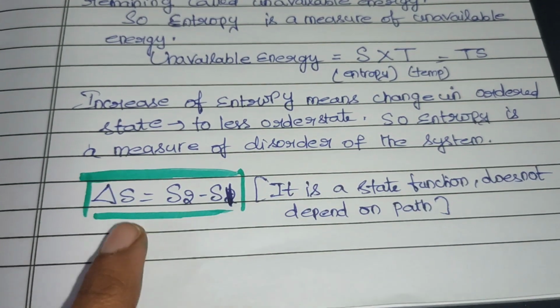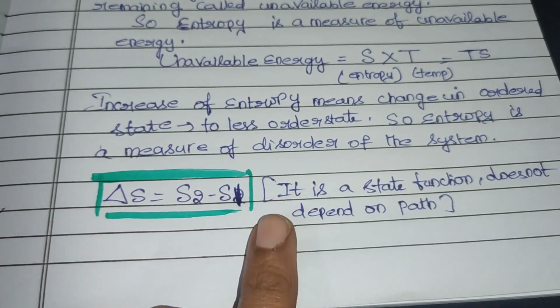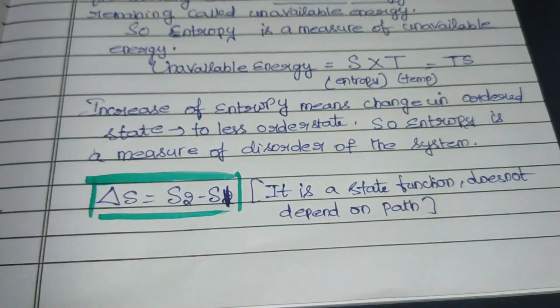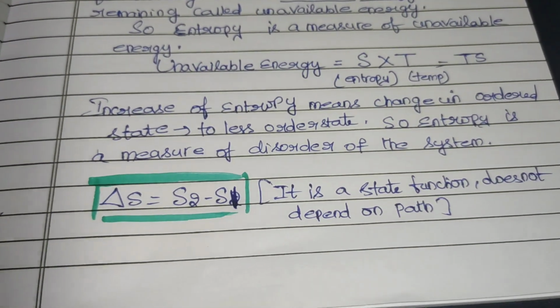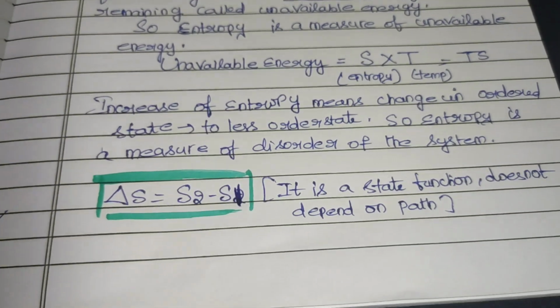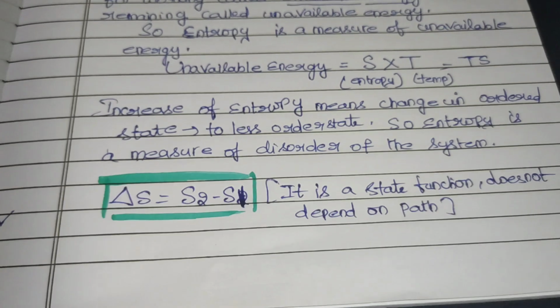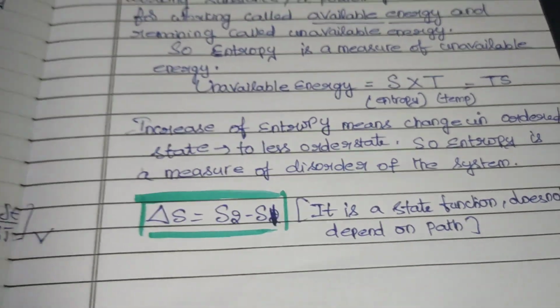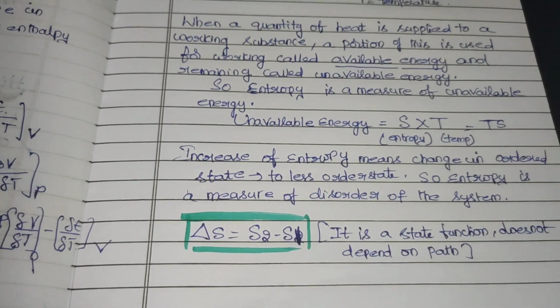The change in entropy is delta S equals S2 minus S1. It is also a state function because it does not depend on the path, only on the initial and final states, whether changing from solid to liquid or liquid to gas. So these are three very important concepts of thermodynamics. Thank you.